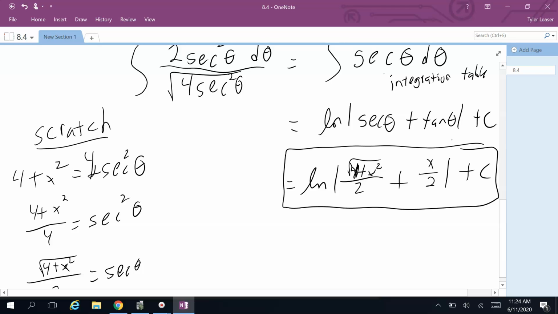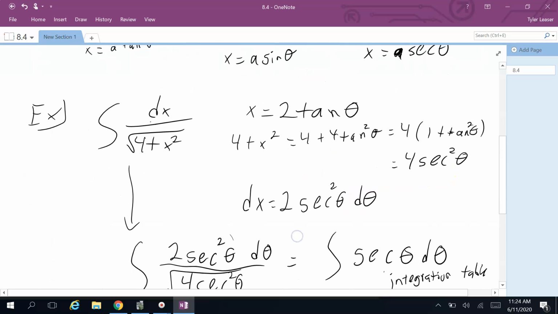Okay, so we get our antiderivative, and I know it looks awful. The natural log of the absolute value of the square root of 4 plus x squared, all divided by 2, plus x over 2, all of that plus a constant. But I promise you, if you were to take this and find the derivative of this, the derivative of that would come out to be 1 over the square root of 4 plus x squared.